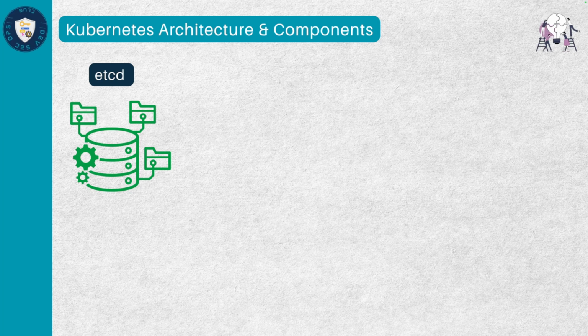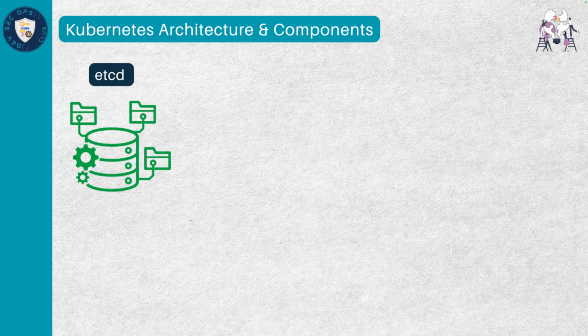Please make a note of this word, desired, because we are going to talk about this several times throughout this session. Desired means whatever we want with the cluster, that is the desired state, and that state is stored in etcd.